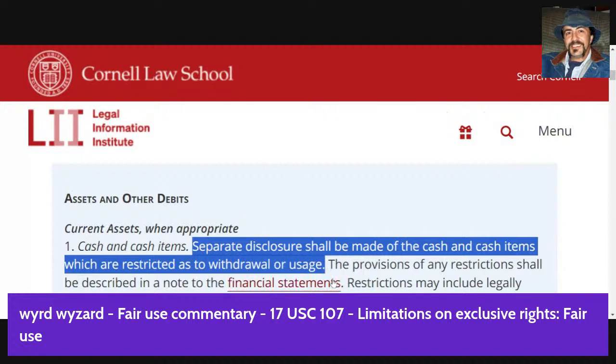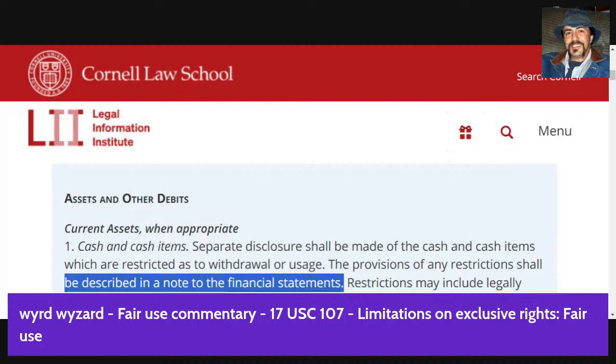You cannot take such papers and use them as money in those forms. They have to be converted. Therefore, they are already restricted, much like the disbursement postal money orders are restricted. They are not negotiable. These such documents are negotiable, but they hold different restrictions. The provisions of any restrictions shall be described in a note to the financial statements.